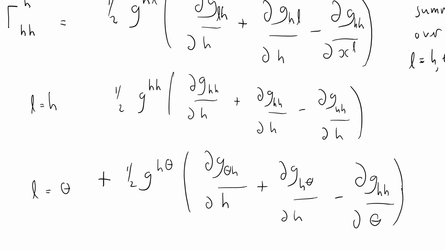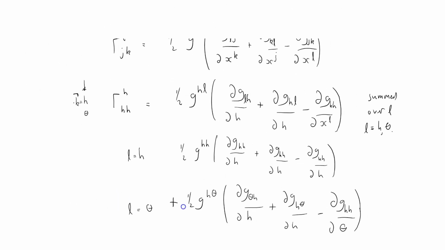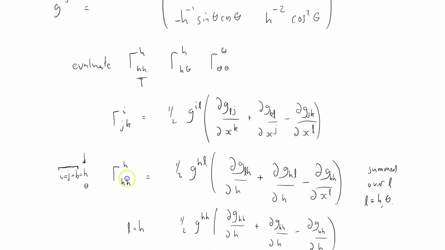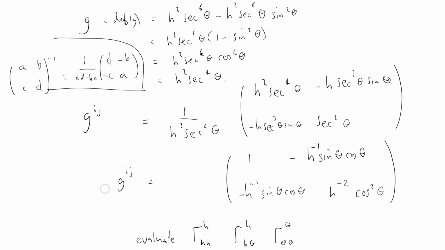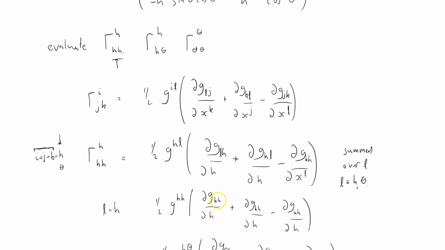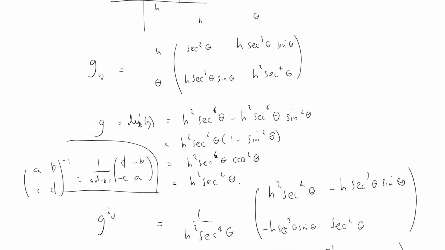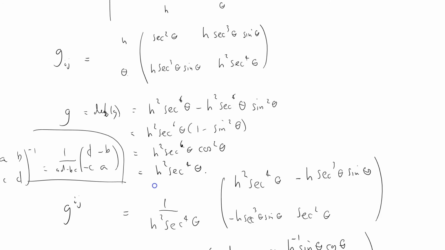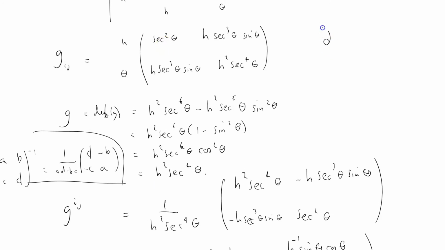Well, now, that's great. Now, can we use any simplification? Well, yes, we can, as a matter of fact, because G subscript HH is the irregular metric tensor, which is sec squared theta here. And so what that tells me is that di G H H by di H equals di by di H of sec squared theta, which equals 0, because this term here does not have an H in it, which is nice.